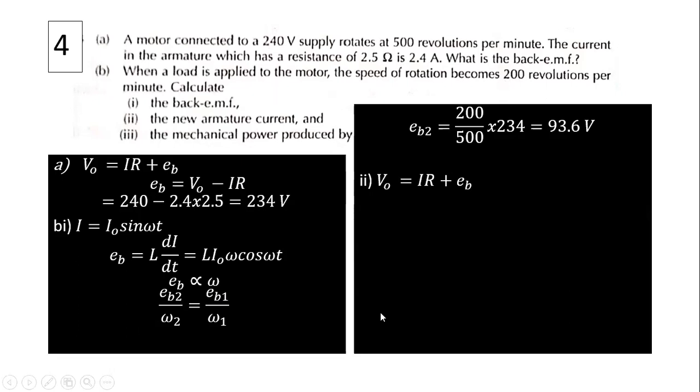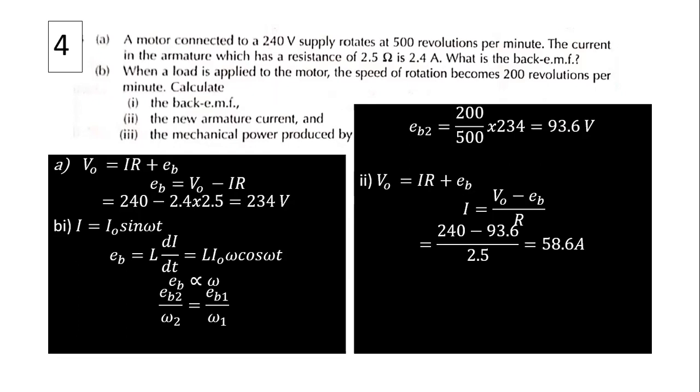The new armature current, just using the formula, that's all. Armature current now, your new back EMF, and then this is still the same, this one doesn't change. Okay, you can take your EB across that, then divide by R. Remember, EB is this one. Put in your values, calculate out.